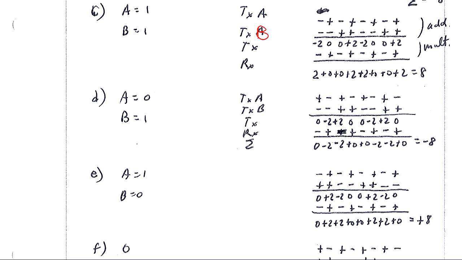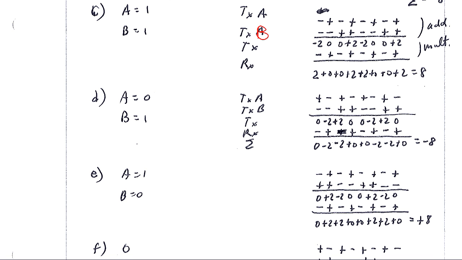And so when I correlate with user A's code, I get 2, 0, 0, 2, 2, 0, 0, and 2, whose sum is 8. And here's now what the receiver gets when it tries to detect user A's bit, and a plus 8 means a 1 was sent, and that is what user A sent, a 1. Okay?